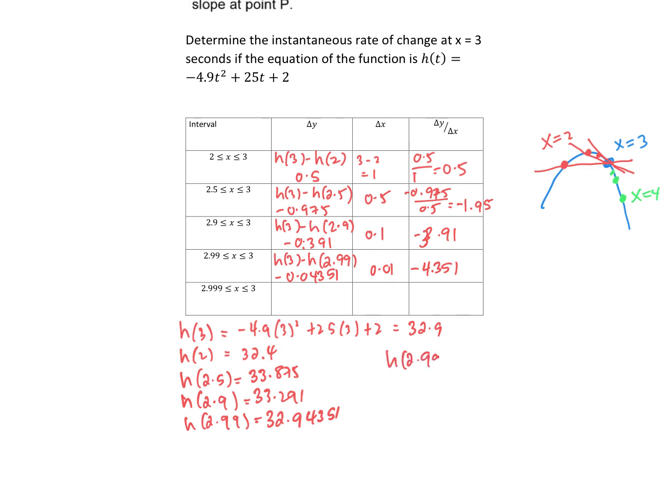I'm going to do one more at 2.999. That works out to be 39.9044. I'm going to do h of 3 minus h of 2.999.